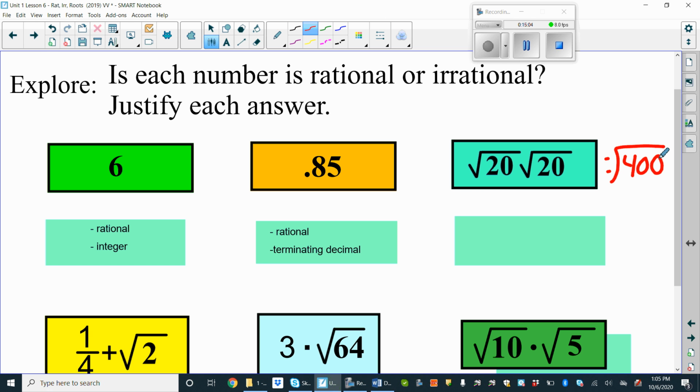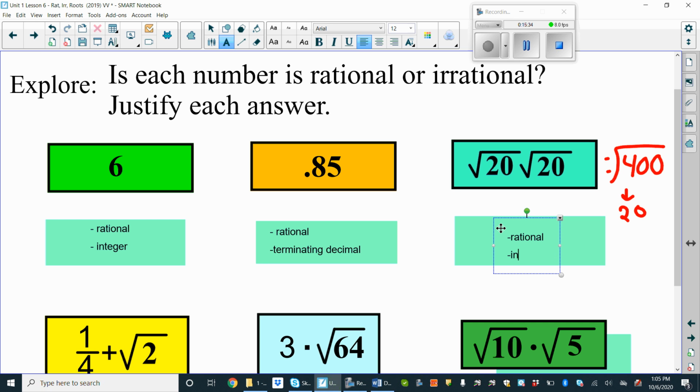The square root of 400 is 20, and 20 is a rational number. So your final answer is what it's asking for. If there is an operation to perform, first get your answer, and then state whether that answer is rational or irrational. So 20 is rational because it's an integer again.